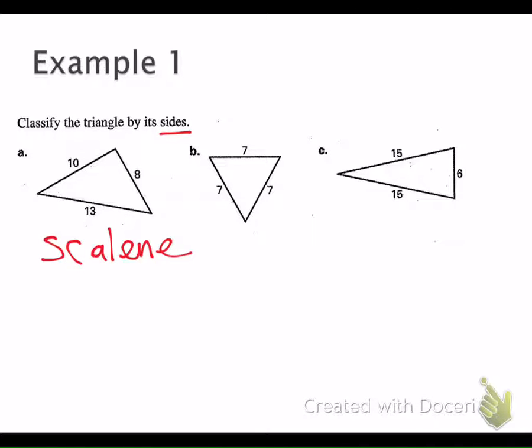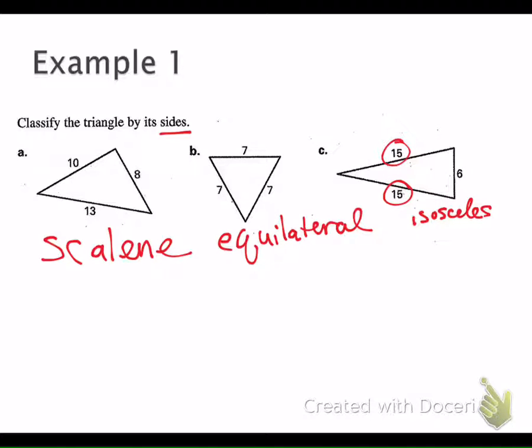When all of them match, we call it an equilateral triangle. In the third one, do you see how 2 of them match? We call it an isosceles.